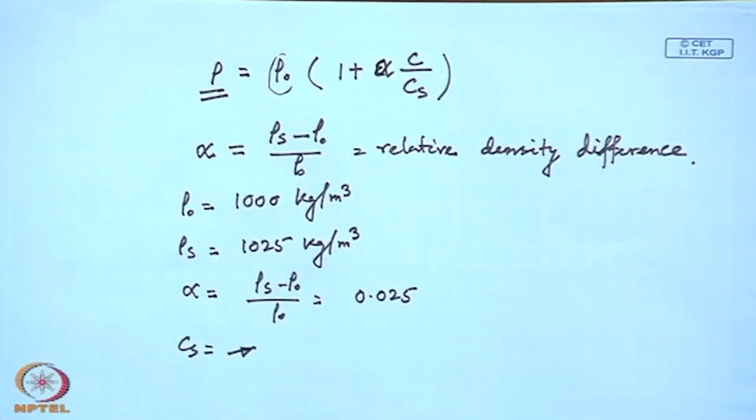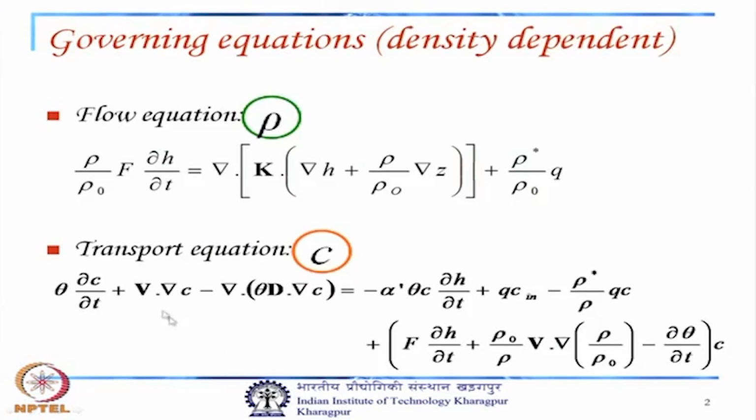Now, in this transport equation, theta is moisture content, C is concentration, this is again the temporal or time dependent term, this is the advective term, and this is the diffusive term.